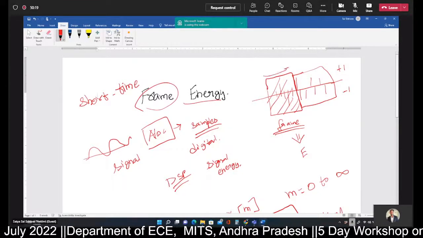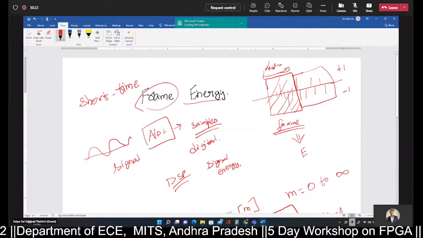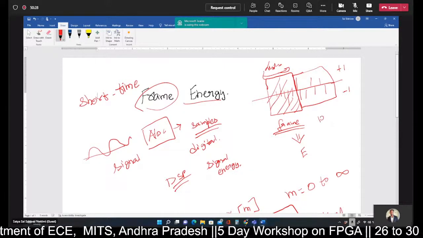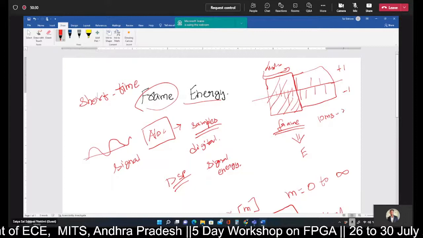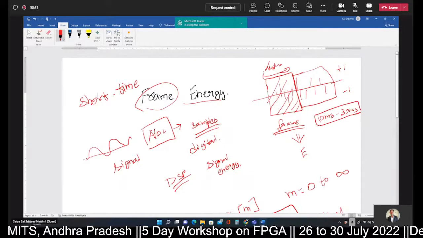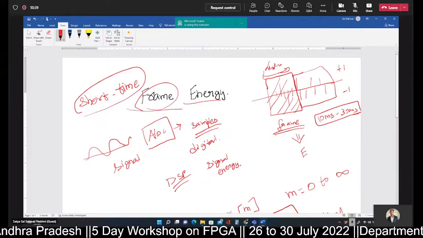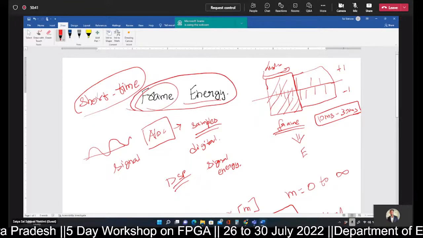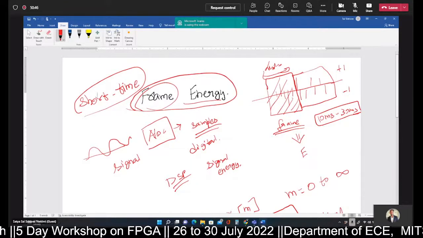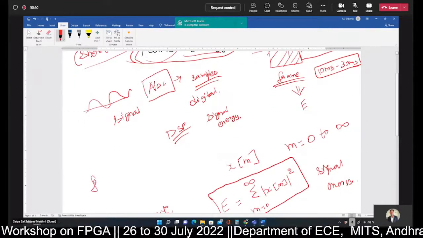And since this is a finite length, if you see this in the perspective of time duration, the time duration generally varies between 10 milliseconds to 30 milliseconds. So that's why it is a very short time. Hence theoretically it is called short time frame energy. For the sake of simplicity throughout this FTP, I will just refer to it as frame energy.